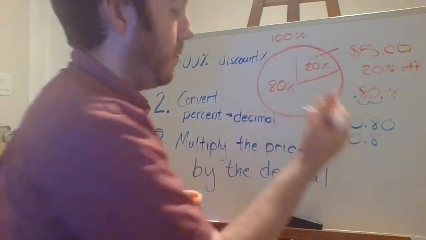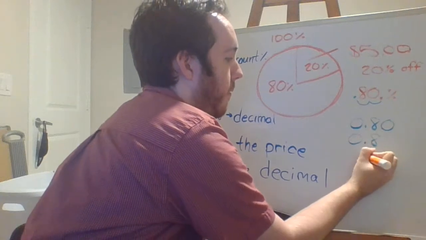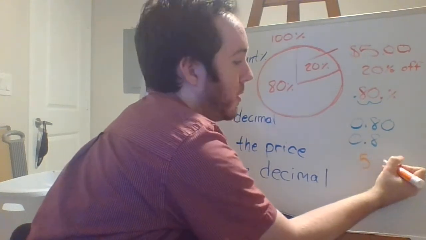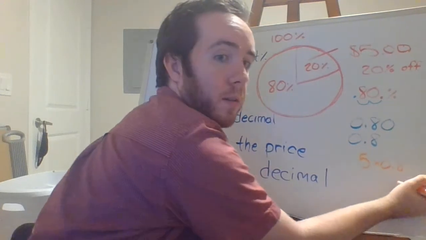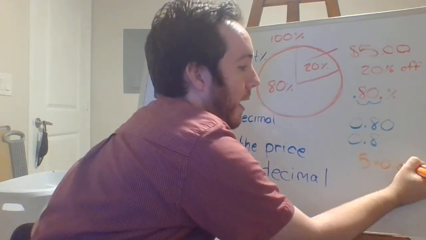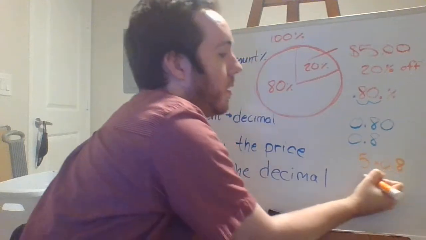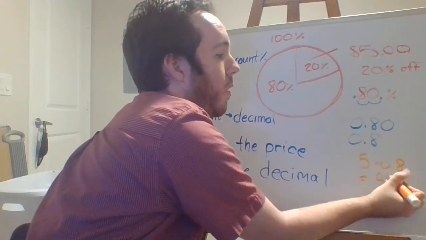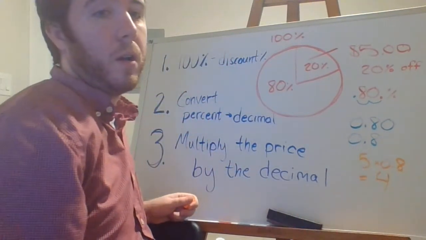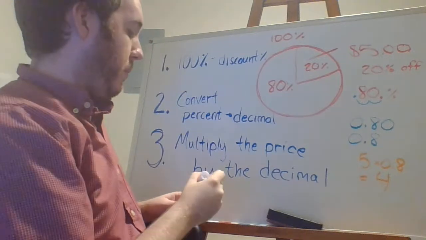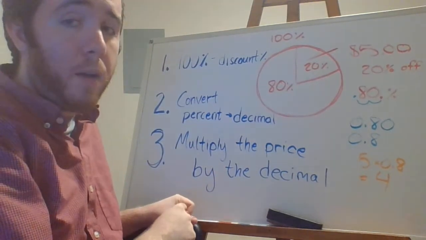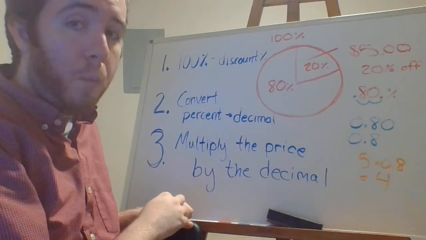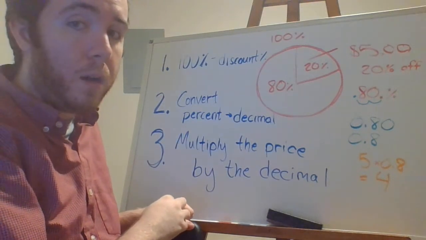So, last step, 5 times 0.8 equals 4. Okay? And so my final price is $4. So when you take 20% off of a $5 price, what remains is only $4.